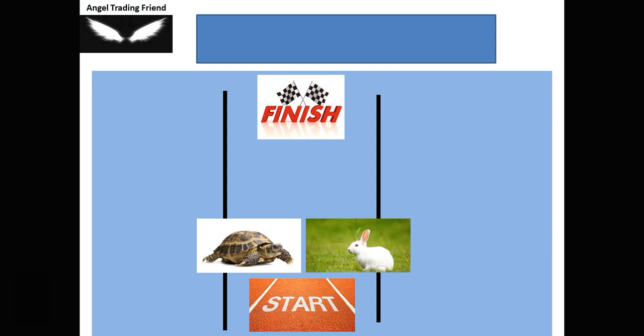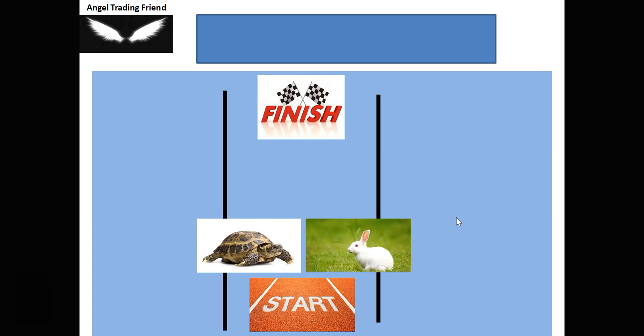I think everybody would have heard this story. Now, friends, what exactly is this race about? We all know that the rabbit runs faster than the tortoise. If you want to bet, you know very well that the rabbit will reach first and then the tortoise will reach second. It is very clear cut.